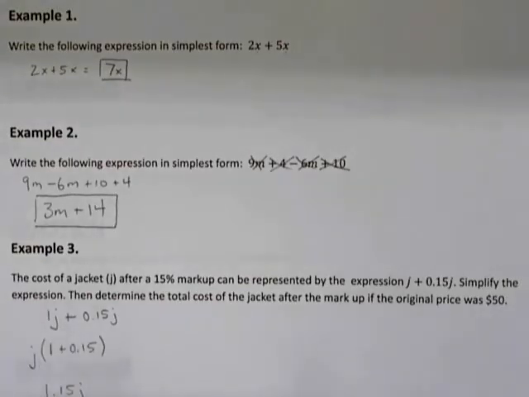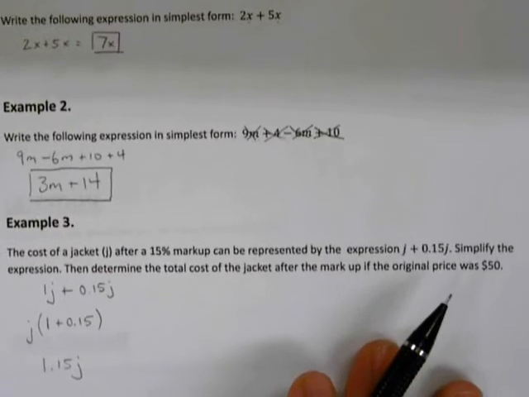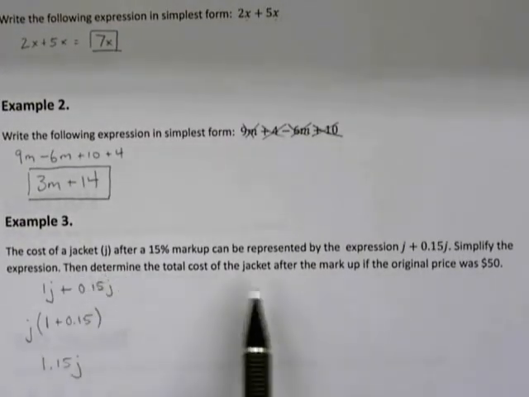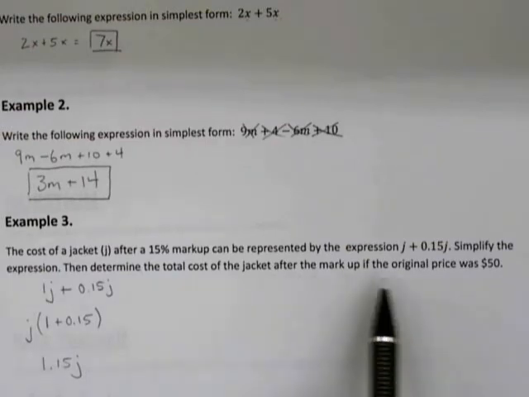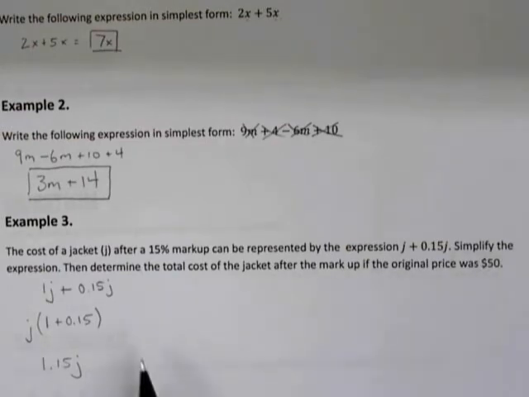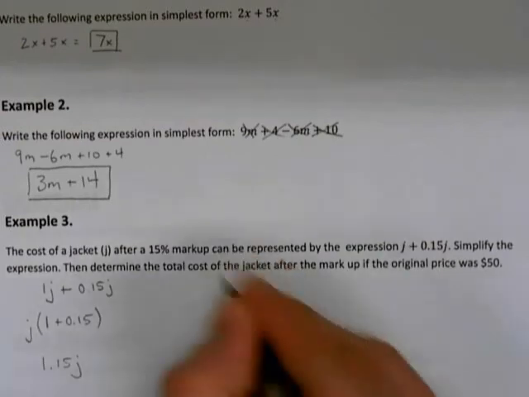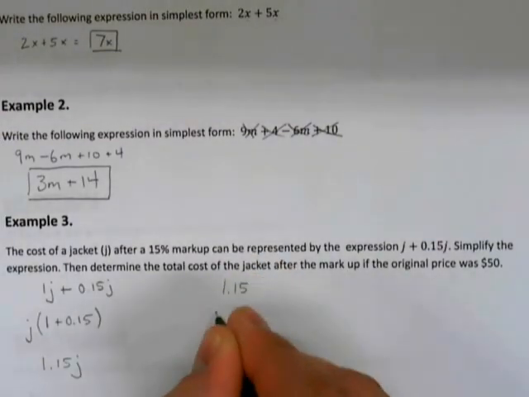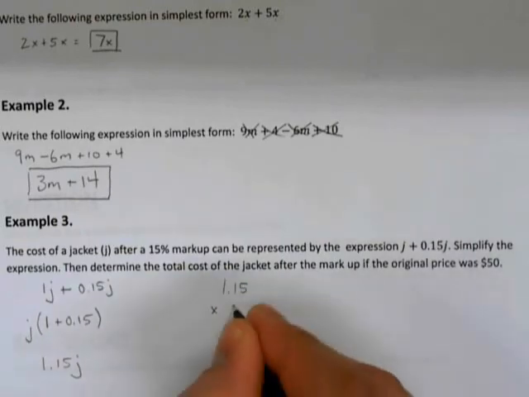Now the second part of the problem, let me scoot it up a little bit. It says, then determine the total cost of the jacket after the markup if the original price was $50. Remember, J is the cost of the jacket, that's the original price. So we're going to take 1.15 and multiply that by 50.